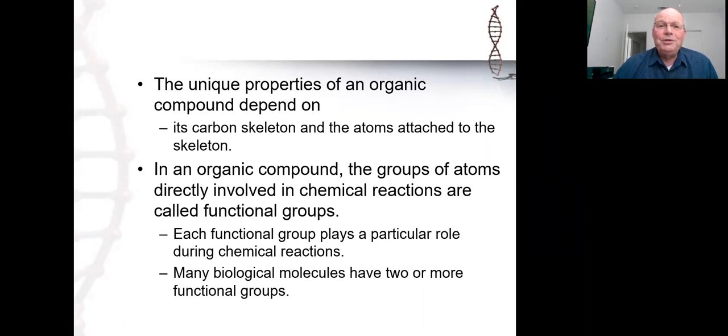So we start with this basic carbon skeleton with hydrogens on it, a hydrocarbon. It's non-polar. The problem with that is it doesn't dissolve in water. And for cellular chemistry, things have to be dissolved in water first.